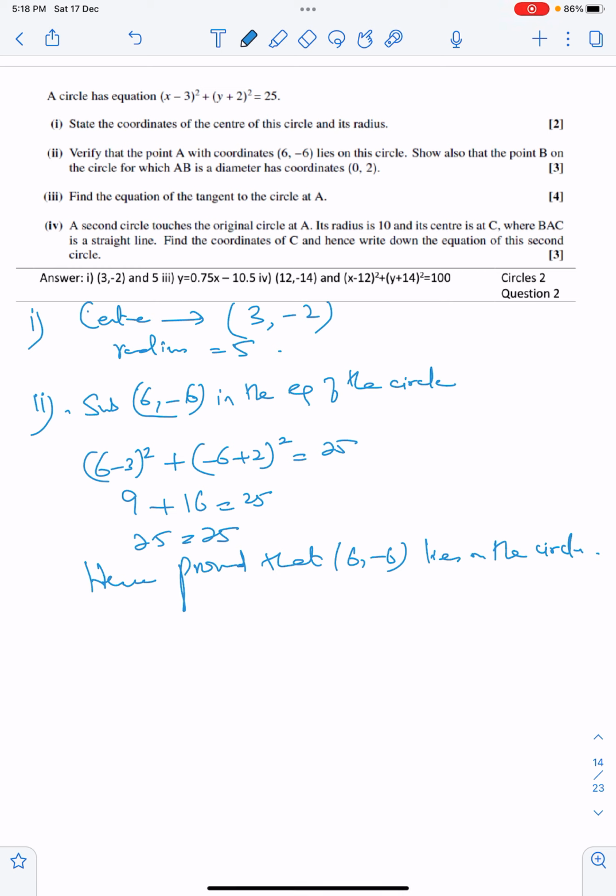Okay. Show also that the point B on the circle for which AB is a diameter has coordinate 0 comma 2. If I just draw a rough sketch of the circle, the center is 3 comma negative 2. The point A is 6 comma negative 6.